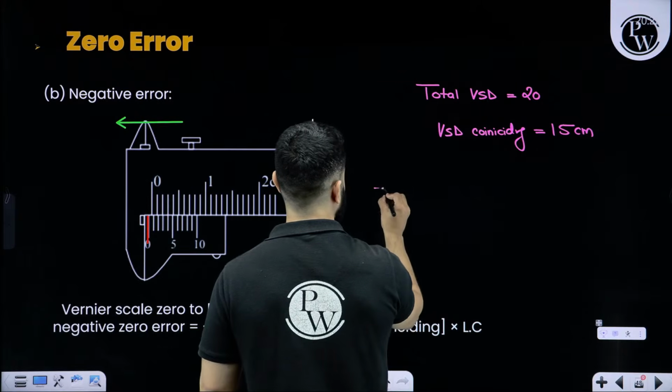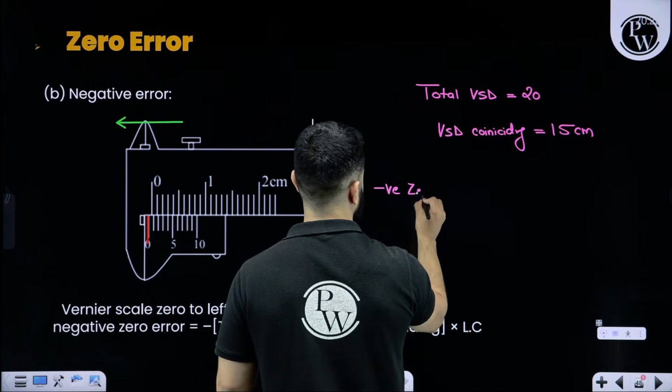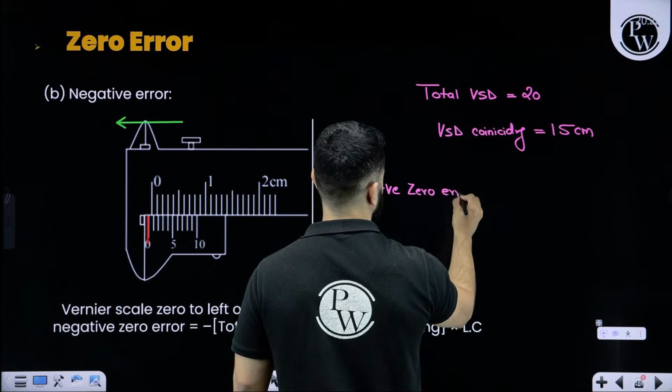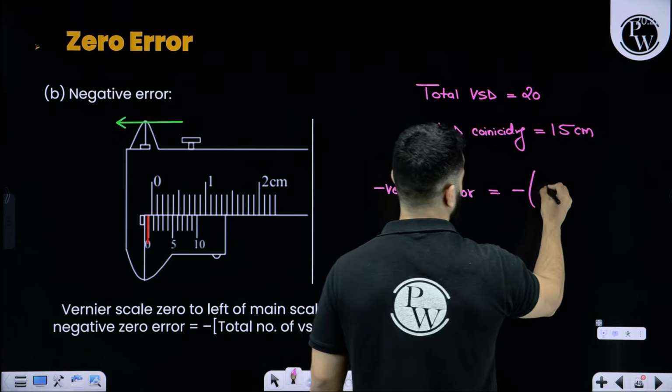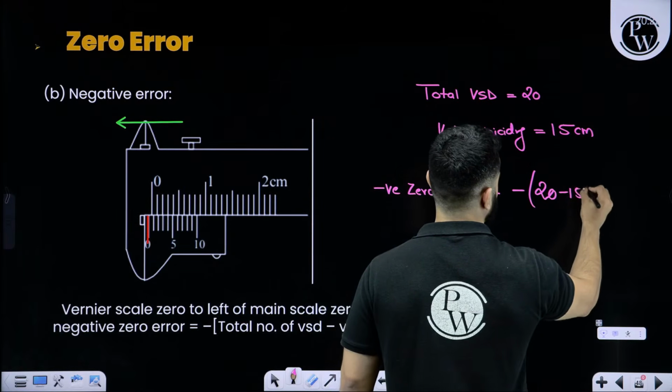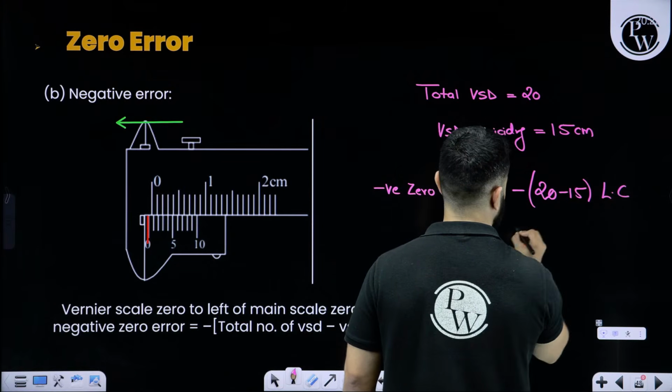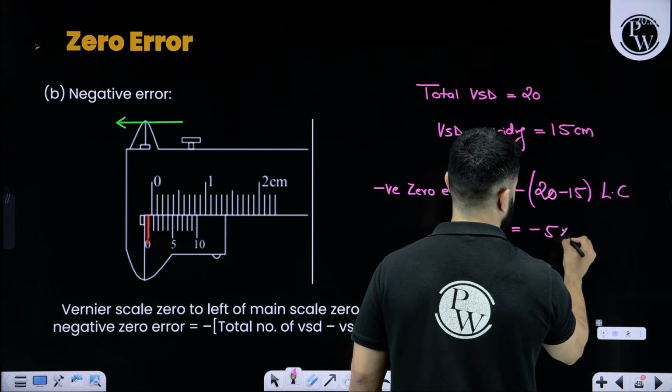So the negative zero error will be negative times of 20 minus 15 multiplied by least count. So that means minus 5 times the least count.